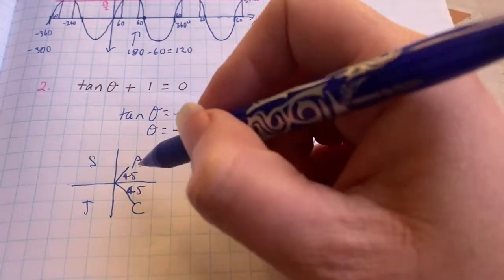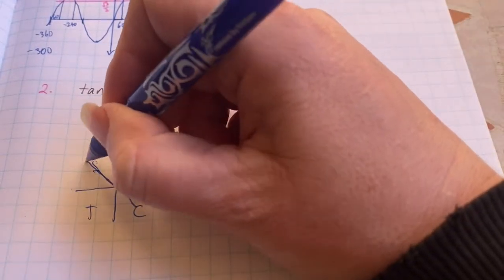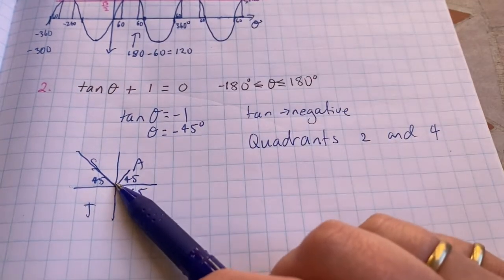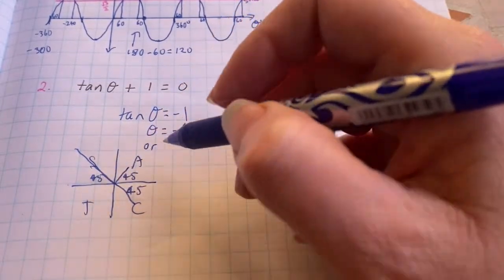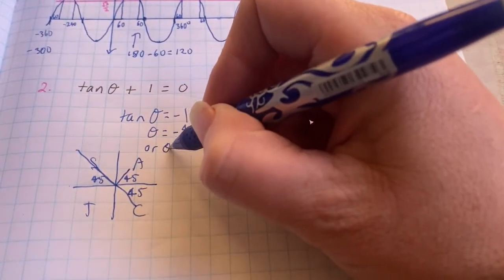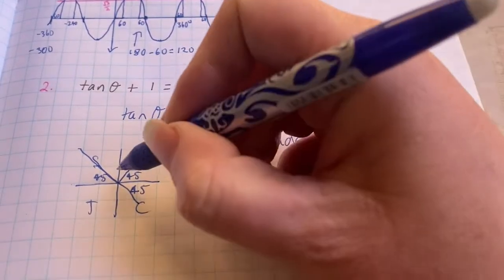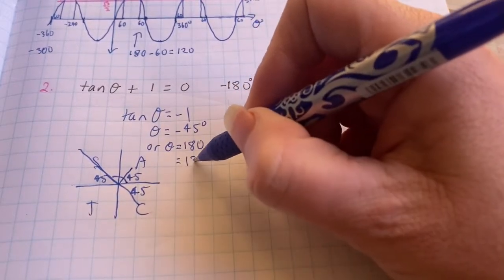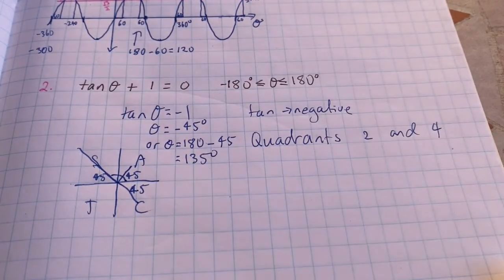For my positive angles, I need to go this way round. And we said it was in this quadrant as well. So that 45 degrees to the x-axis there will give us another solution. And that's going this way, so we're positive. So theta equals 180 minus 45 to find this angle here. And that's 135 degrees. So those are our two solutions.